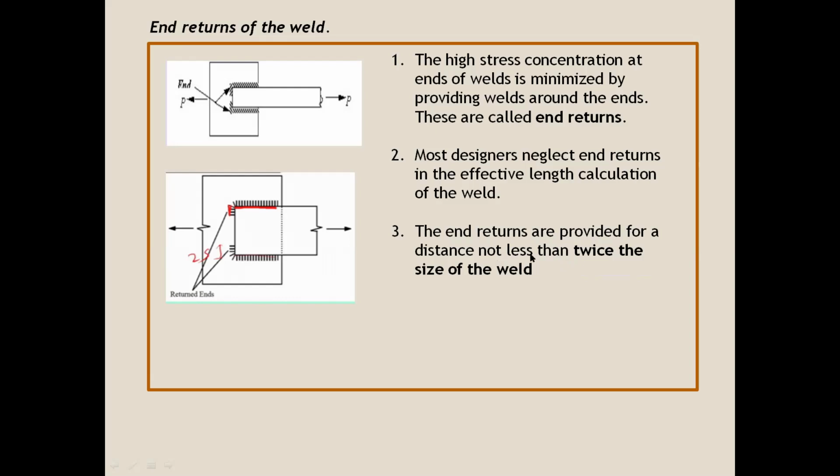This is the main important formula: the end returns are 2 into S, where S is the size of the weld, not less than twice the size of the weld. This is the important term for the welding condition for end returns of the weld.